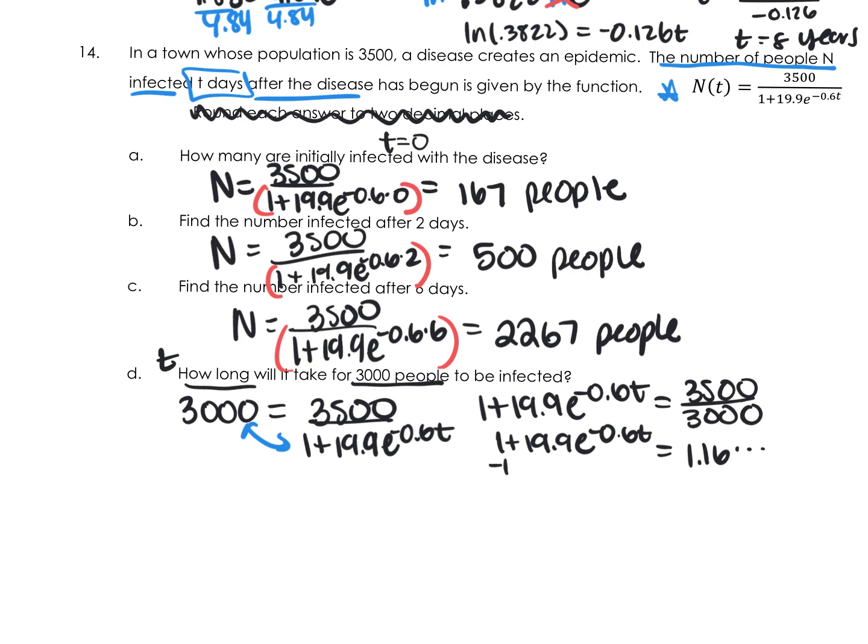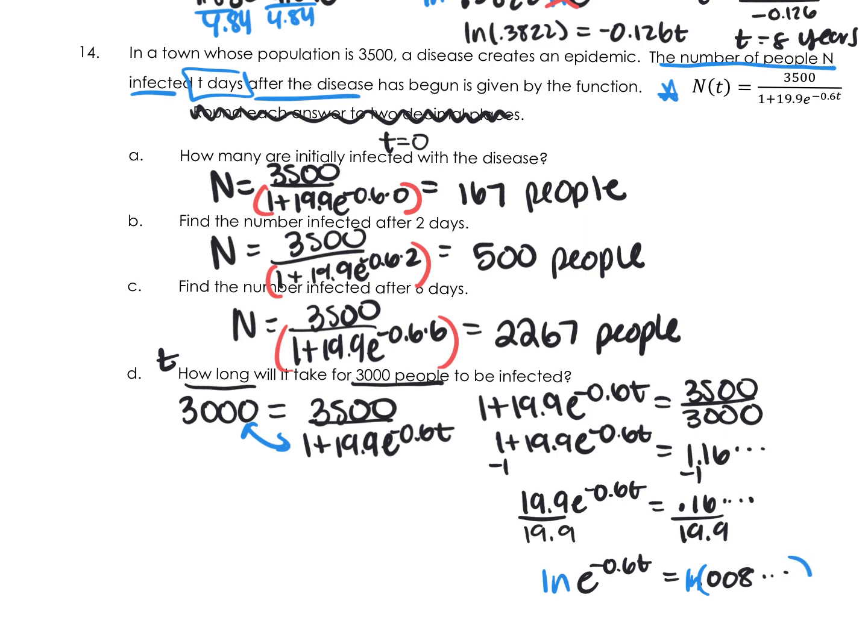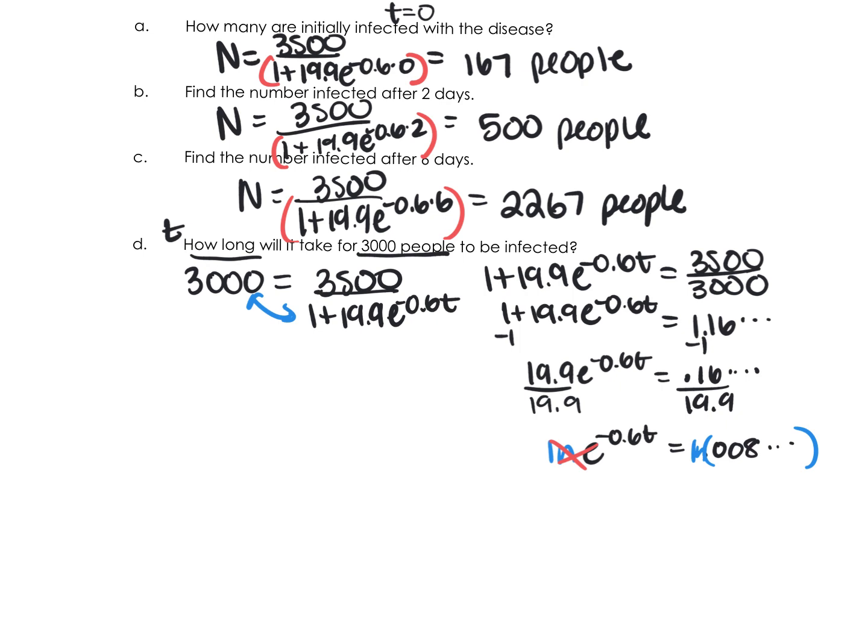Then we'll subtract 1 from each side, divide by 19.9, ln both sides, and divide by negative 0.6.